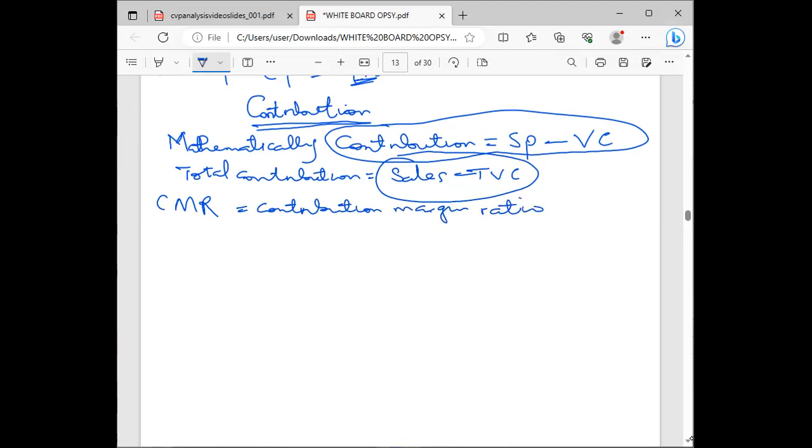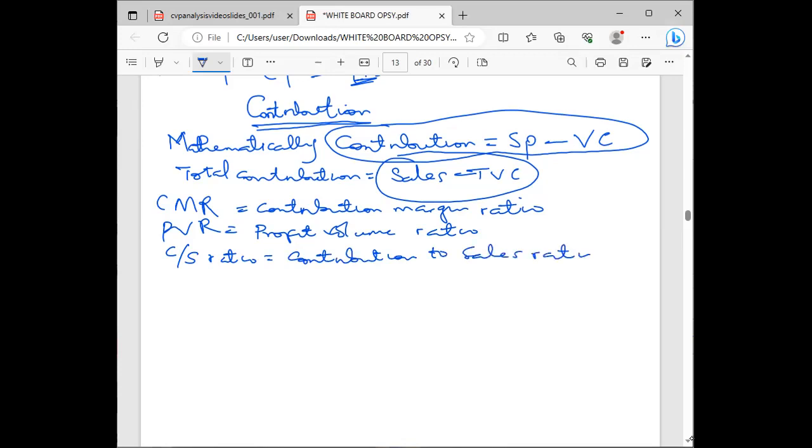Or we call it PVR, profit volume ratio. We also call it CS ratio, which is contribution to sales ratio.